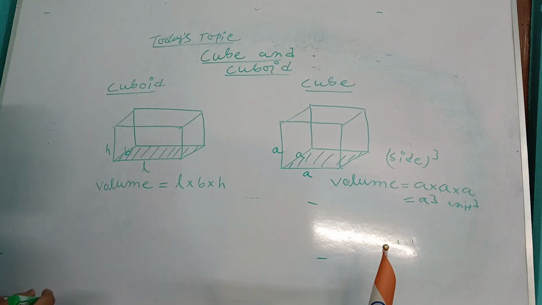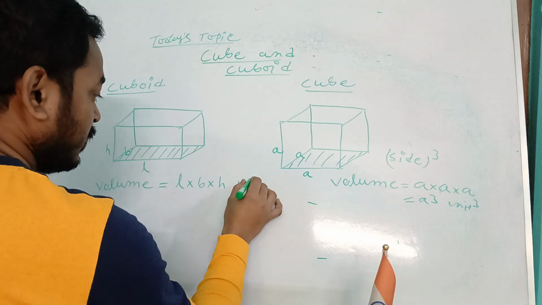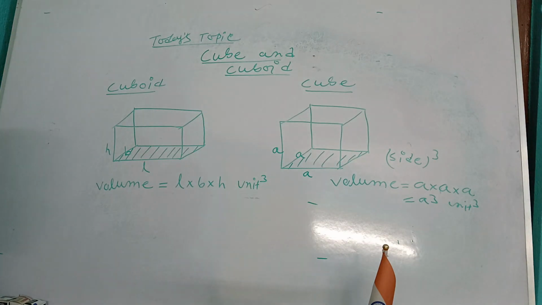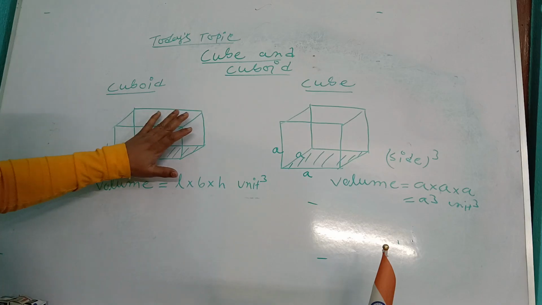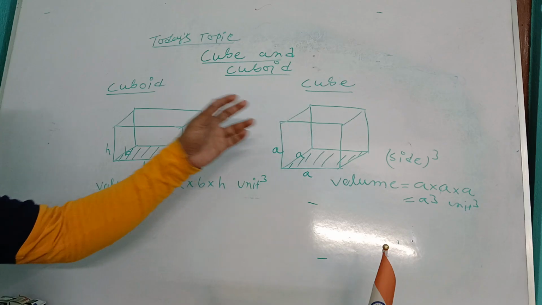Volume is length into breadth into height, and here it is also unit cube. So first we will discuss this cuboid, then we will move to the cube.